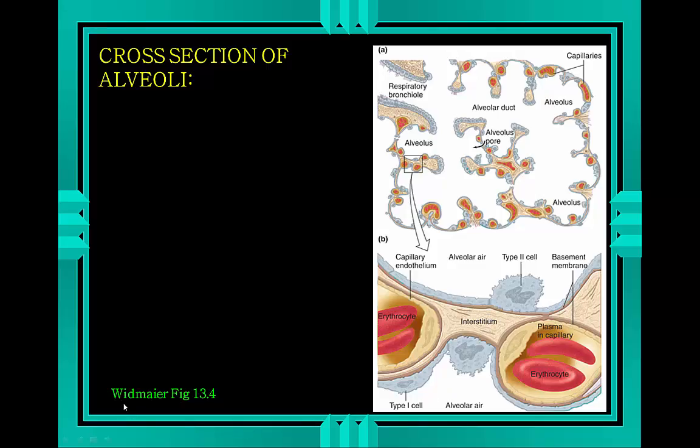This is an interesting diagram taken from Widmaier figure 13.4, and it shows a more actual representation of a cross-section of alveoli. So there's a little bit of lung which has been sliced, and this is what we're looking at in the top part of the diagram. These would all be the alveoli here. Now, what do we learn from that?